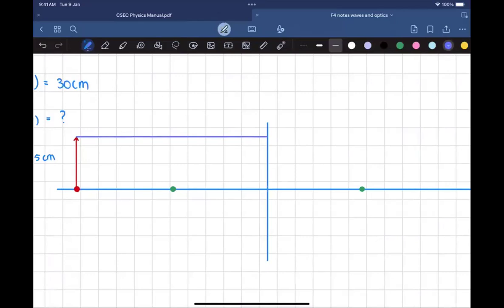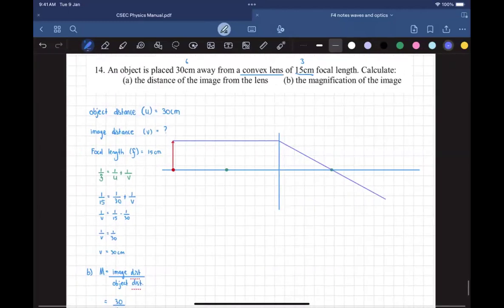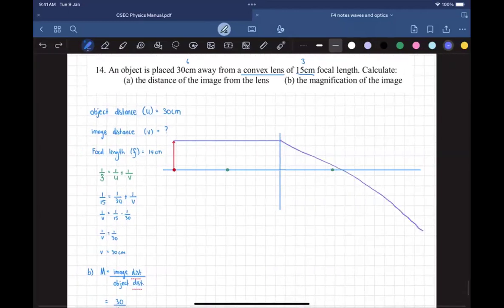Right. So Nicholas, this is a convex lens. After the light passes through the lens, it will converge to my focus point. You understand? Yeah, I understand. That's the first rule. And the other one, if you have a light ray passing straight through the optical center, it goes straight through.